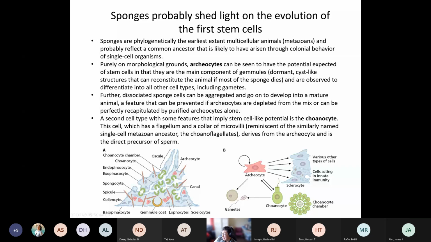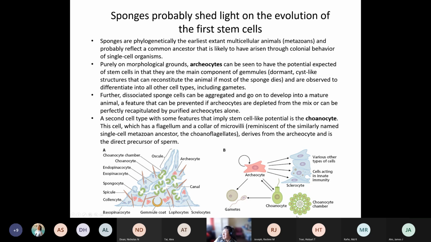So you have 10 types of cells in sponge, and this archeocyte is the stem cell, and they usually live in a structure like this. This structure is as shown here. You have a secondary stem cell called a choanocyte. This is a very weird looking illustration of a choanocyte.